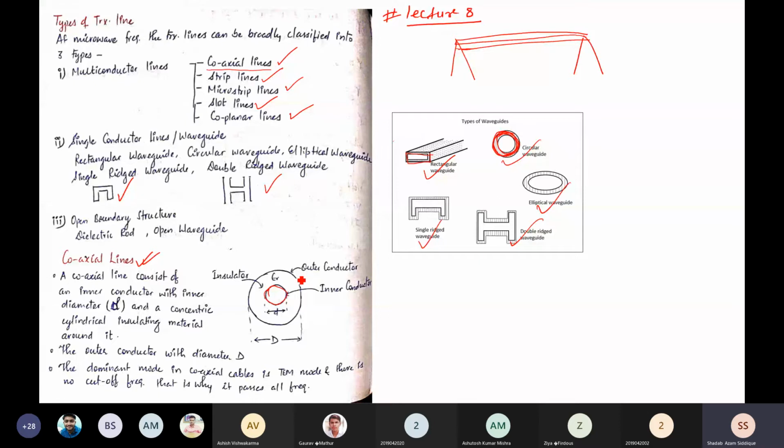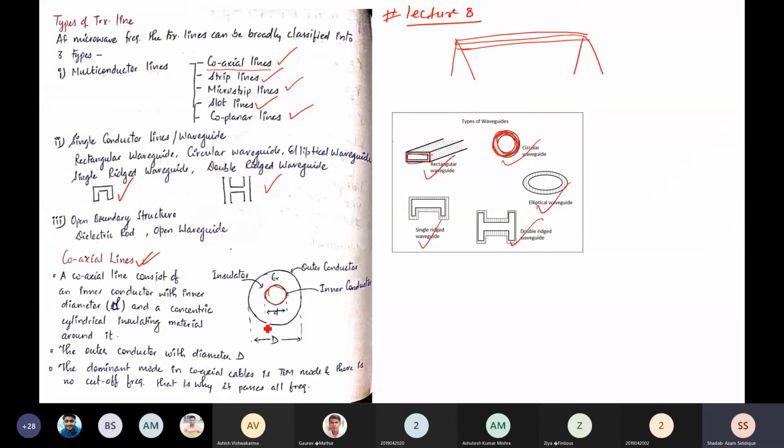Now we have an outer conductor surrounding it on the outer side, called the outer jacket, which is also a concentric cylinder with inner diameter capital D. So this is the graphical illustration of the coaxial line.